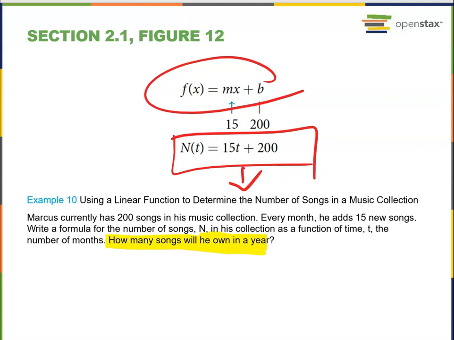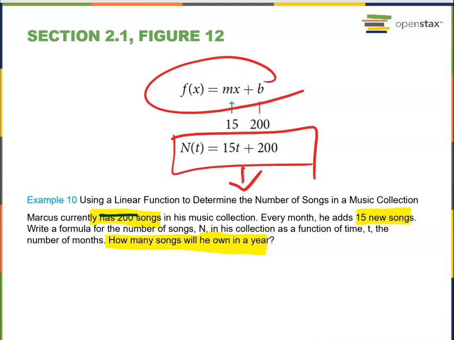So we have that formula, n of t is equal to 15t plus 200, because the starting point, Marcus has 200 songs and he adds 15 new songs every month. So how do we solve this? How many songs will he own in a year? How many months in a year?